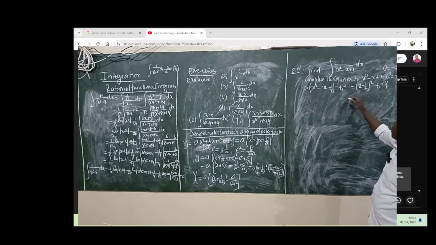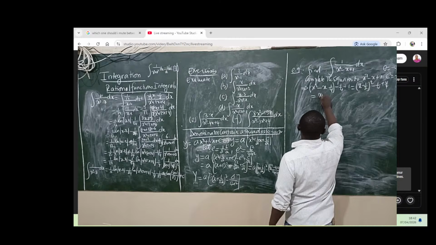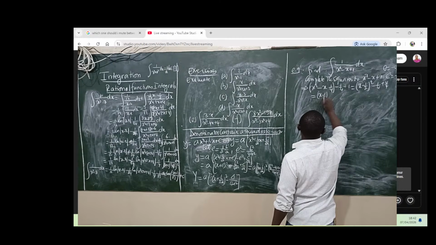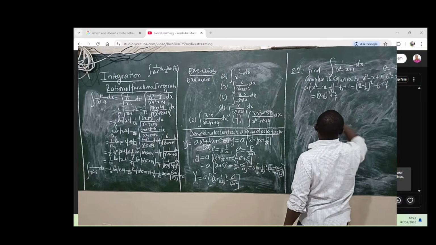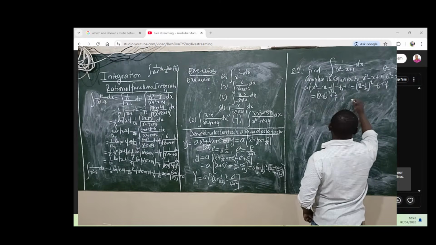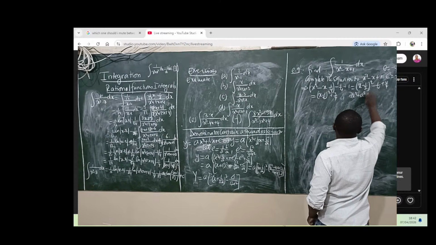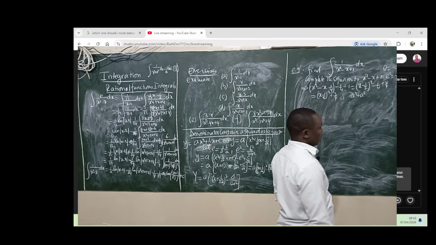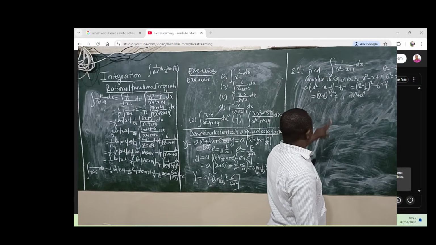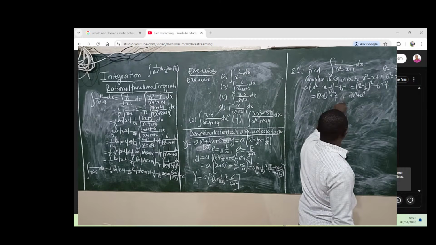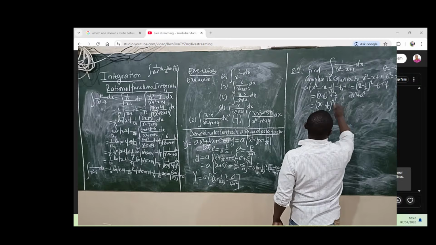Here we'll be having 3 over 4. We know something about a squared plus x squared when dealing with integrals. In this form, it will be looking like x minus 1 over 2 to 2 plus the square root of 3 over 2 to 2.